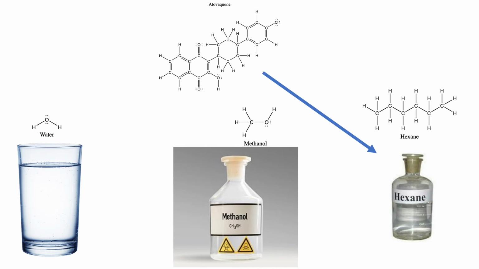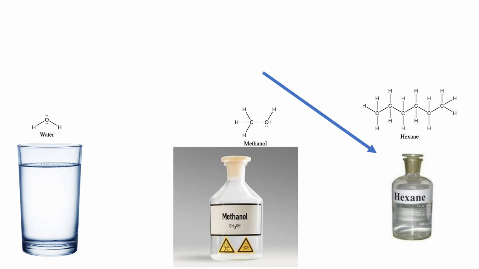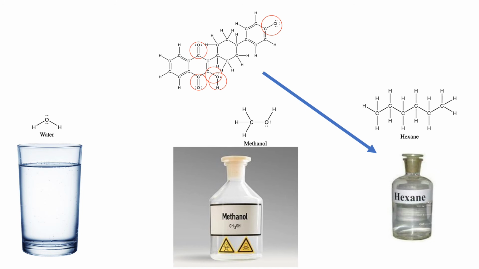Although it has two polar carbon-oxygen bonds and a polar carbon-chlorine bond, it wouldn't be soluble in water or methanol because of London forces. These intermolecular London forces are what's holding it together, and hexane is the only thing that can interact with it, since the other two are more polar, and hexane is not as polar.